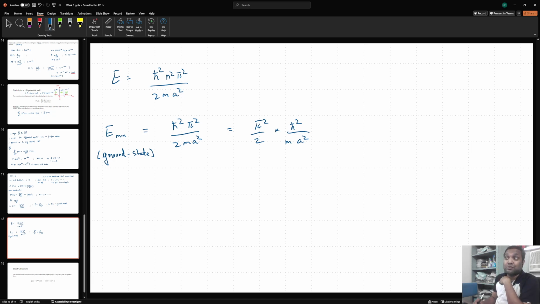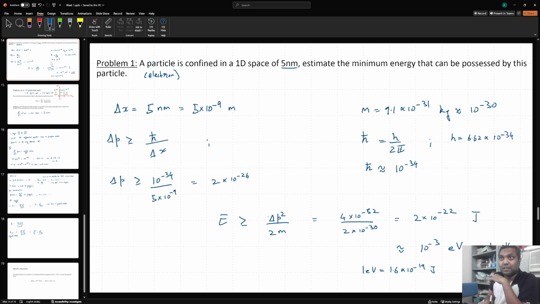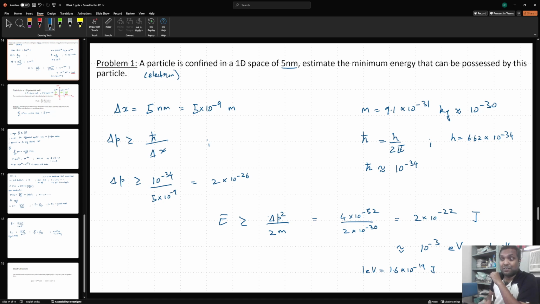Let us say a equal to 5 nanometers and m equal to 10 to the power minus 30 kilograms. Let me fix this. Upon fixing this, you'll know that I've actually done this calculation before.